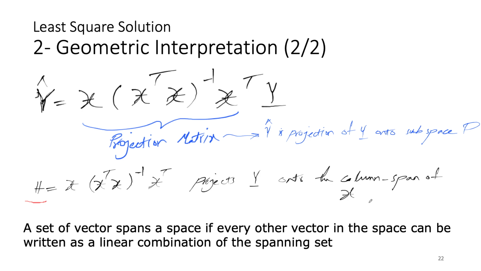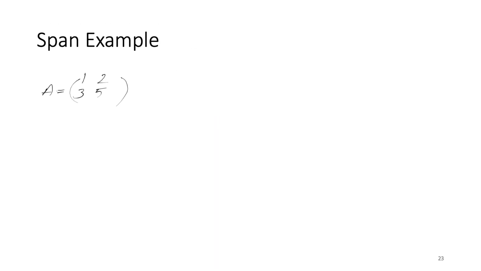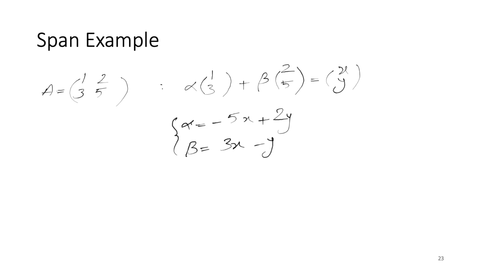I provided another quick definition here. A set of vectors spans a space if every other vector in the space can be written as a linear combination. All right. For instance, you have A with 1, 3, 2, 5, so you have two columns: 1, 3, and a second column, 2, 5. If you want to find a span of that, the easiest way is to define two variables based on the number of columns, alpha and beta, and then solve that equation, right?